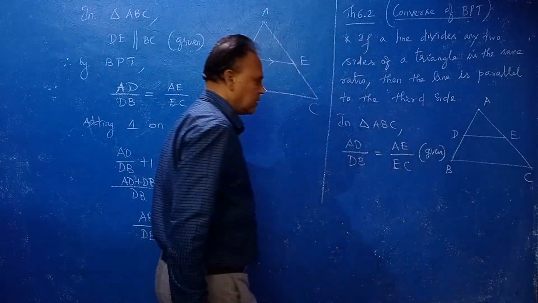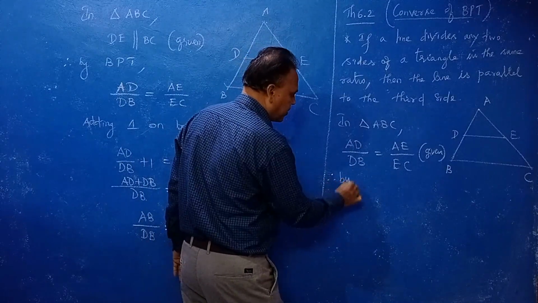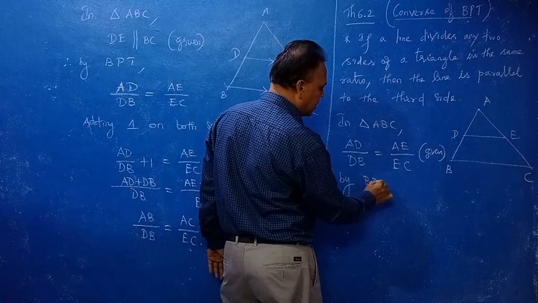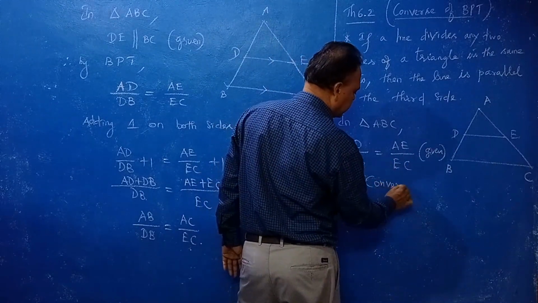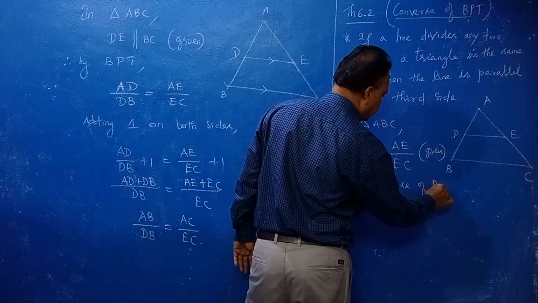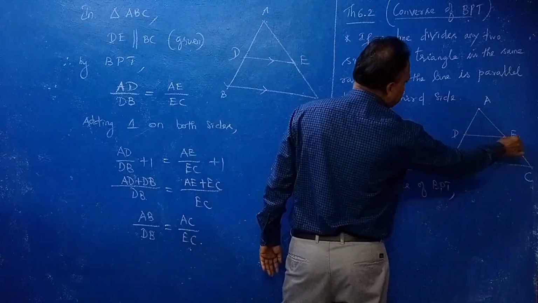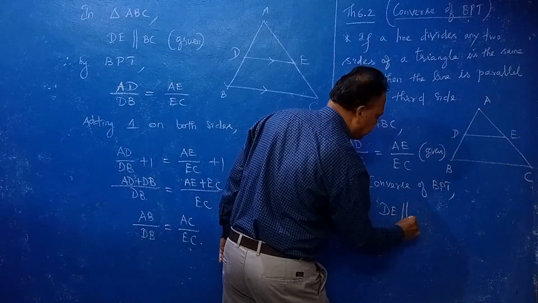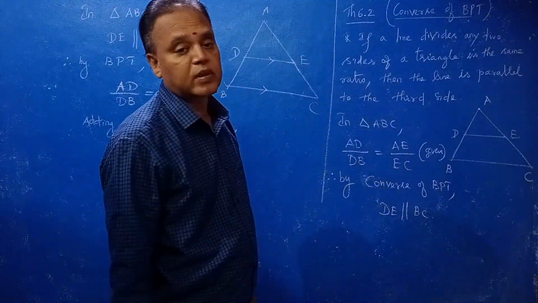So now what you have to do is, by converse of BPT, if you have this ratio in a triangle, immediately you write, by converse of BPT, DE parallel to BC. The third side parallel.